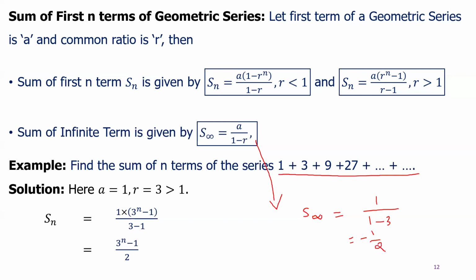So actually here we can calculate when the value of R is less than 1. Now here we are getting the negative value, minus 1 by 2. If the value of R is positive, we can take it as 1 by 2.